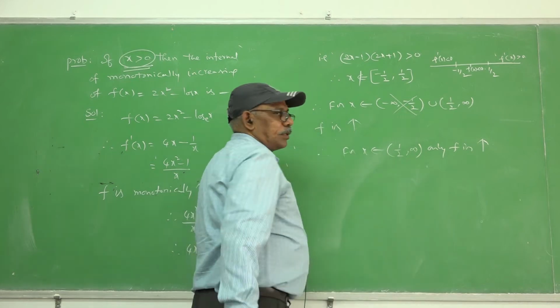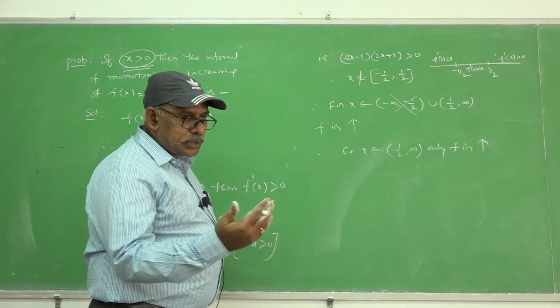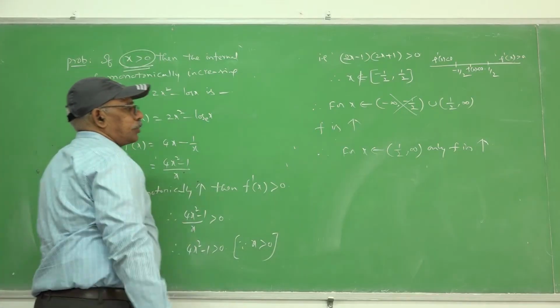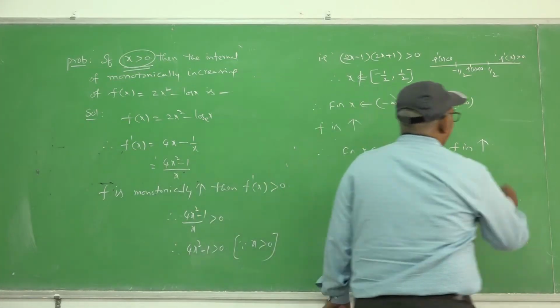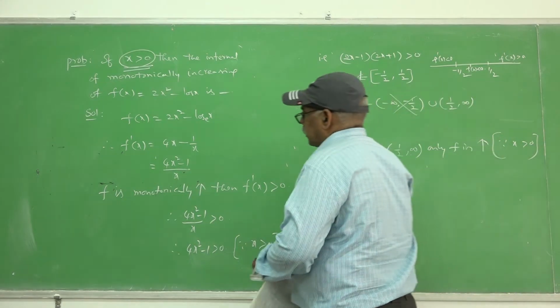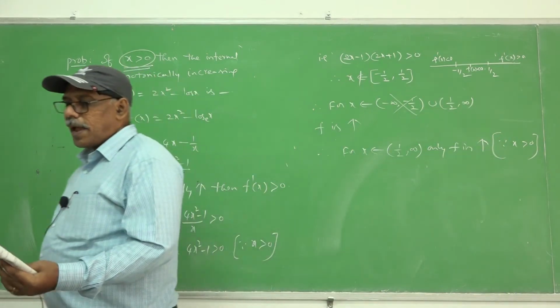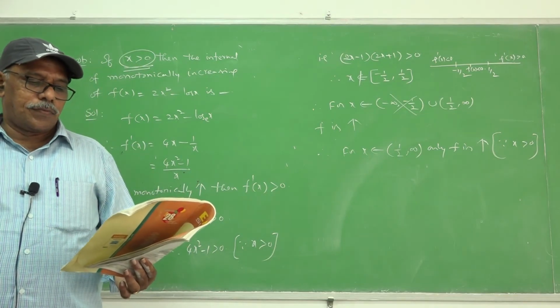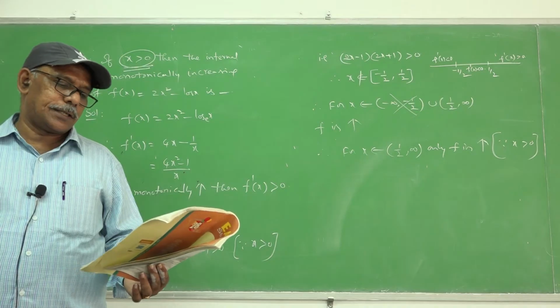You cannot take x which is less than minus half, since x is greater than 0. So, hence, whenever x is more than 1 by 2 to infinity, the function is monotonically increasing.